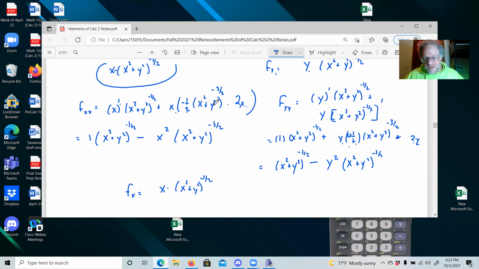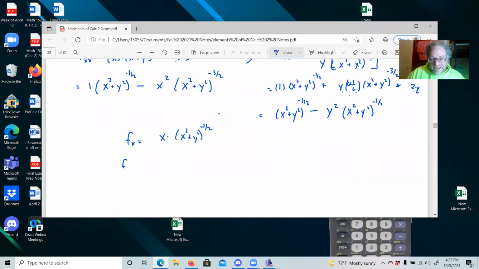So remember, we're going to take this derivative with respect to y now. This is all times, right? So it's like having a 3 times all of this. So that is going to stay the same, x. Then we have to take this derivative here. So this is going to be negative 1/2 times (x squared plus y squared), right? Take the derivative of the negative 1/2 function, so that's negative 3/2. 1/2 comes down in front, times the chain.